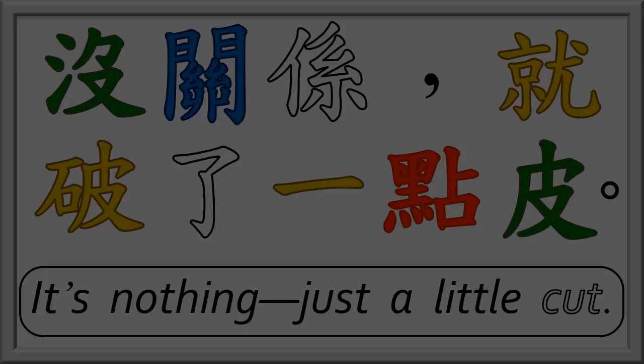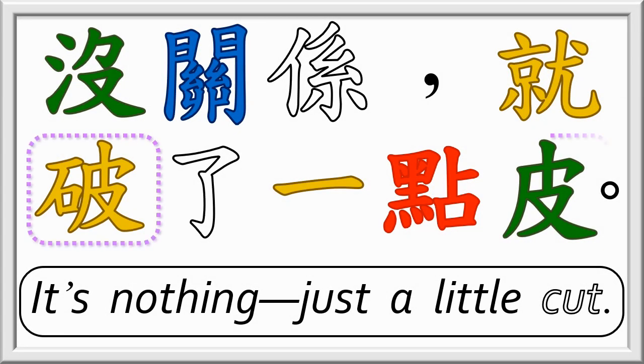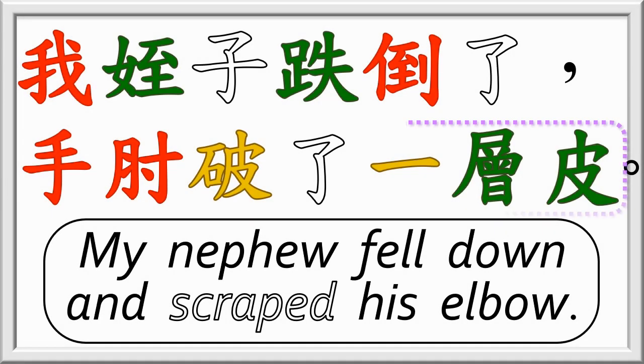The skin is broken and bleeding. 没关系，就破了一点皮。It's nothing, just a little cut. 我侄子跌倒了，手肘破了一层皮。My nephew fell down and scraped his elbow.